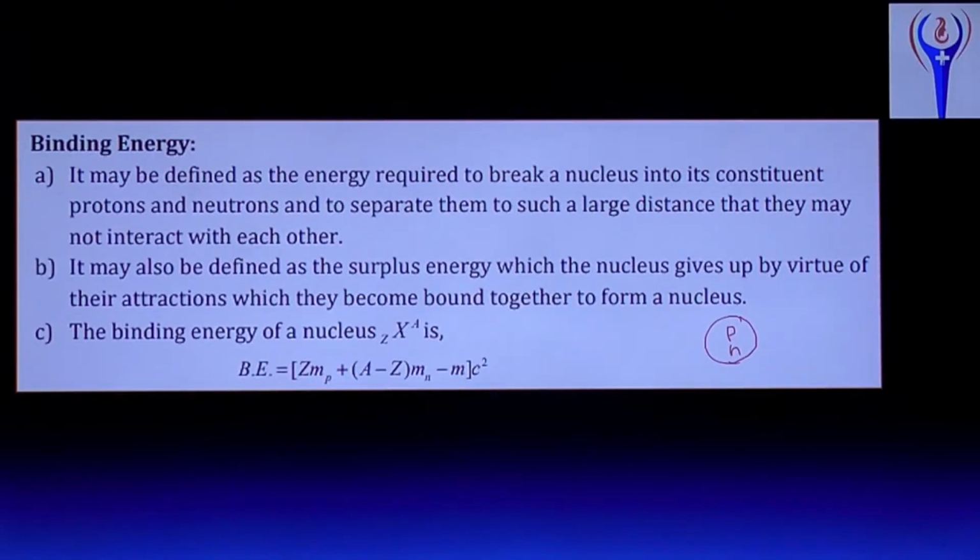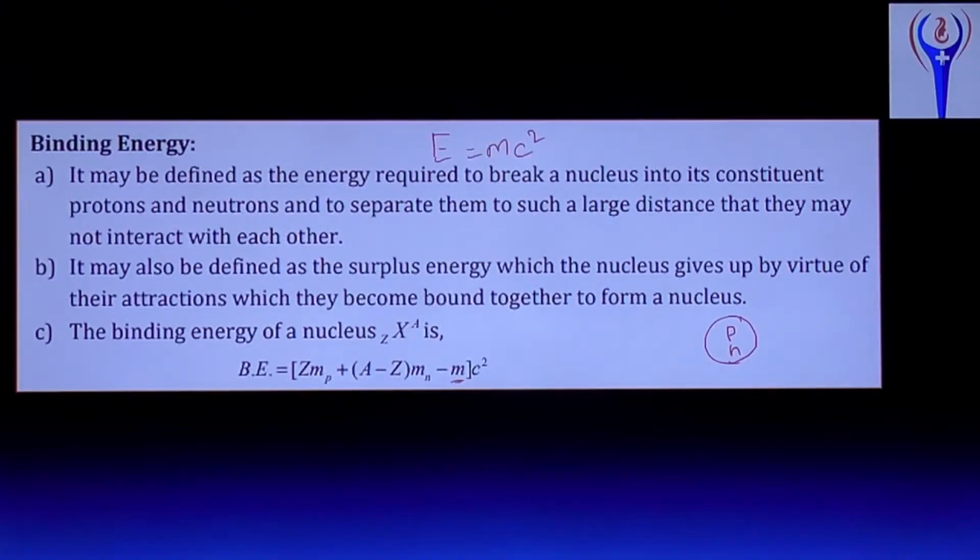It may also be defined as the surplus energy which the nucleus gives up by virtue of their attraction, by which they become bound together to form a nucleus. That is another definition. And the binding energy of a nucleus XZA is [ZMP plus (A minus Z)MN minus m] into c square, where m is the mass of the nucleus, just like Einstein's formula E equal to mc square.